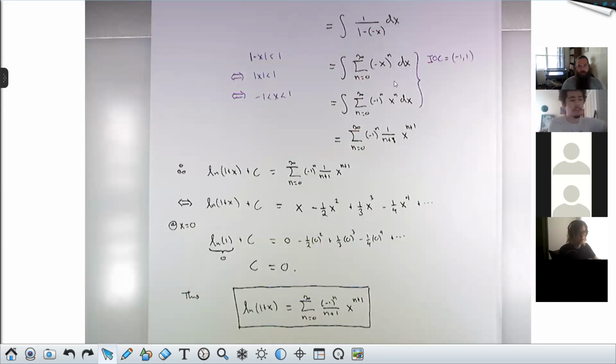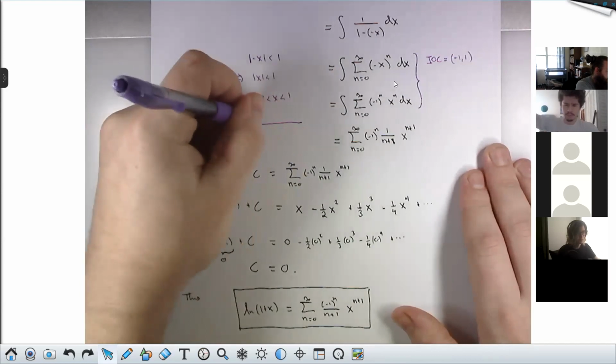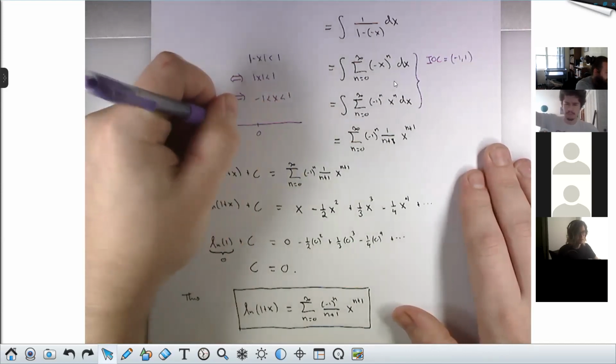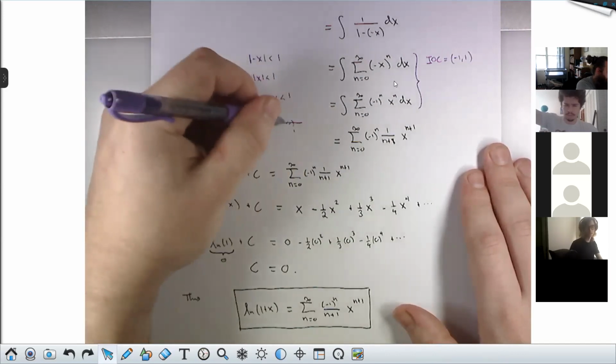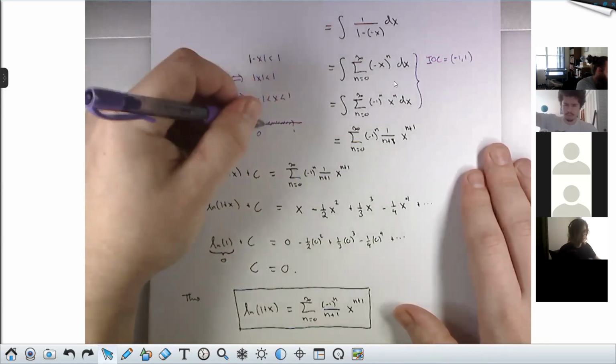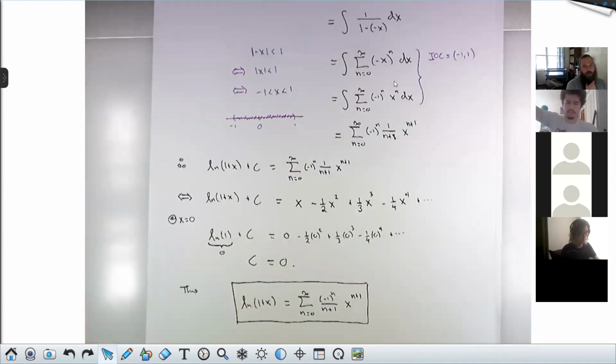The radius has to stay the same. And since the center is 0 and the radius of the series with which we began is 1, my new IOC still has to have the endpoints -1 to 1. The crucial thing is that you can pick up an endpoint when you integrate.